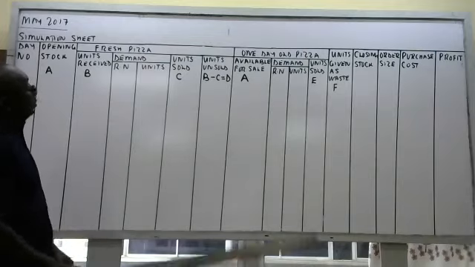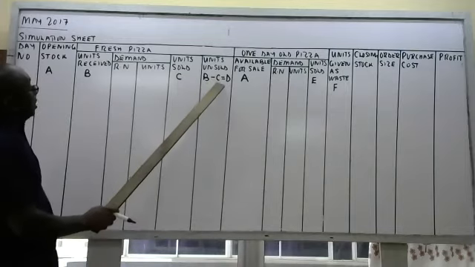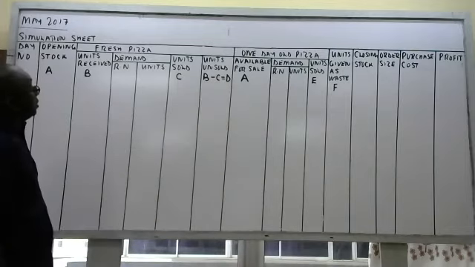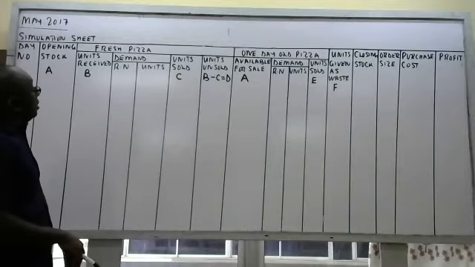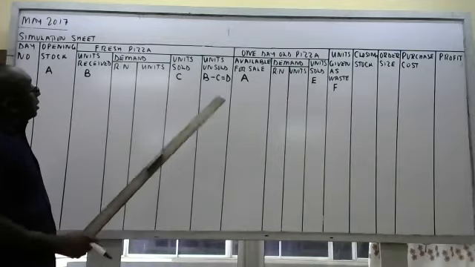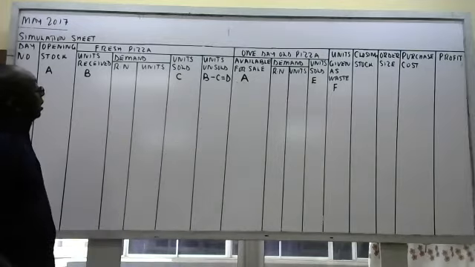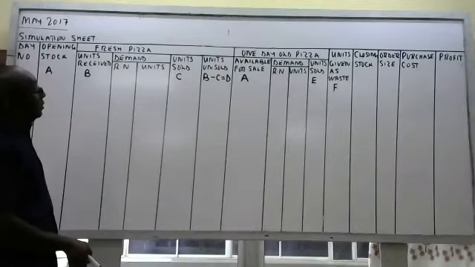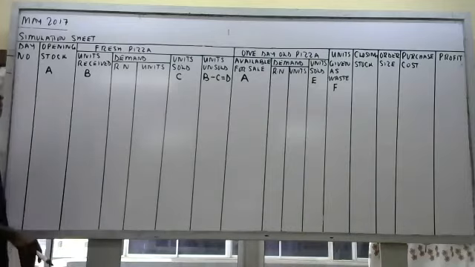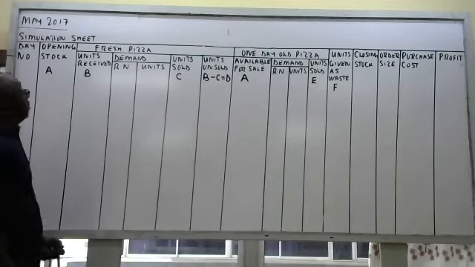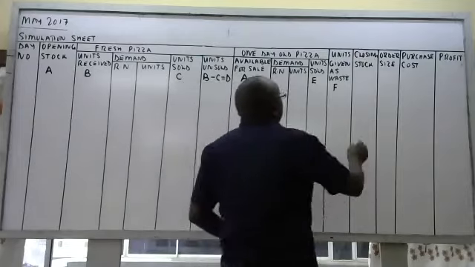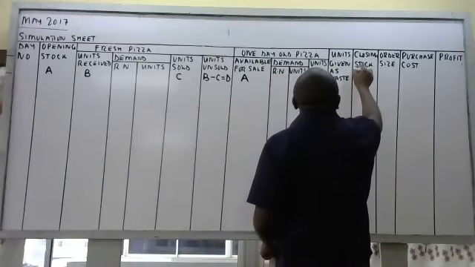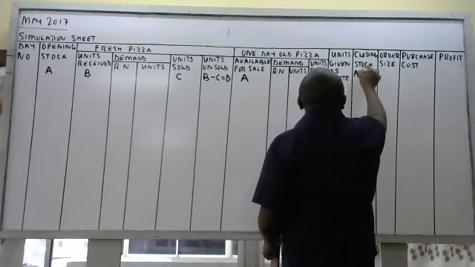Closing stock should be the units that have not been sold, D, plus A, the opening, minus A minus F. So my closing stock will be what I began the day with.